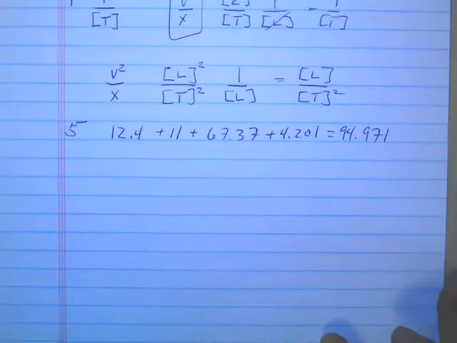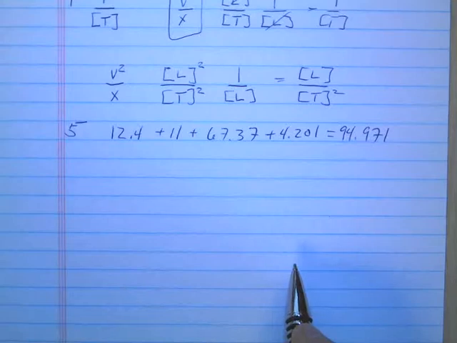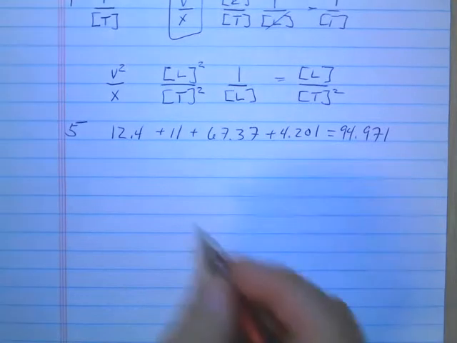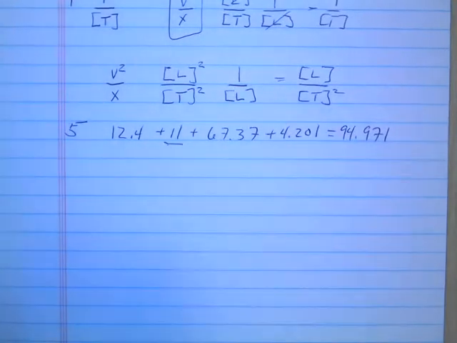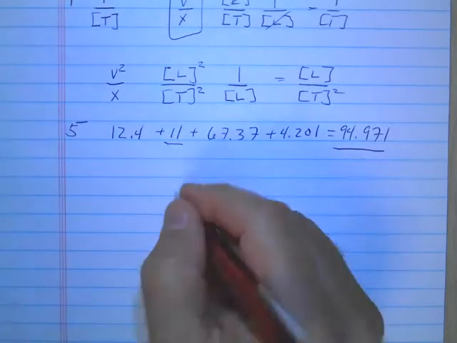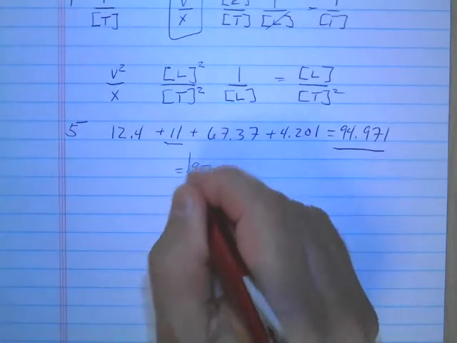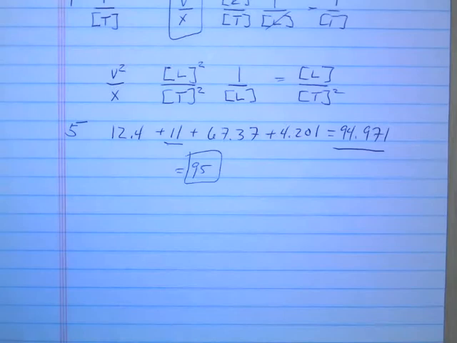Okay. So, we take a look at our significant figures. The least significant figure is 11. It's got 2 significant figures. So we need to round our answer to just 2 significant figures. So that's going to be 95, which would be answer D.